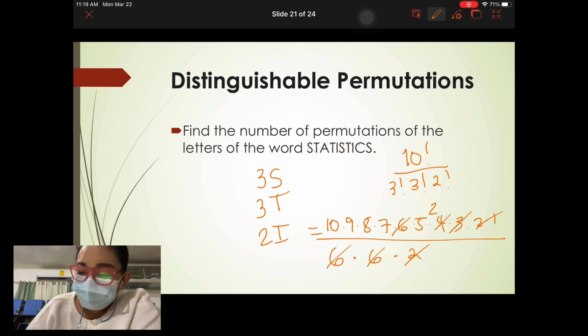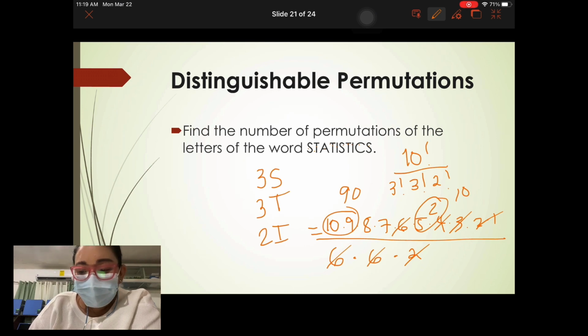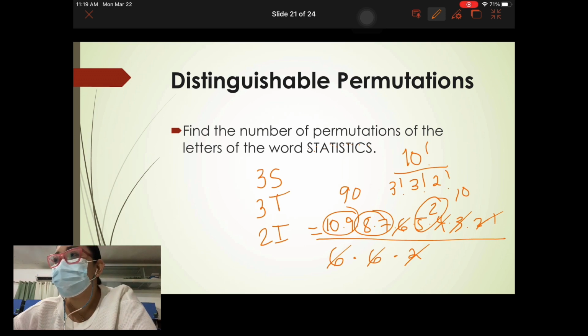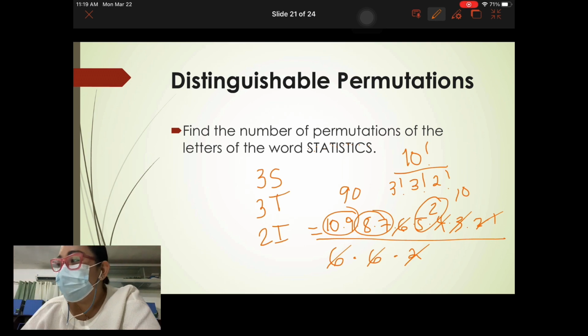Okay? So, what are you left with? You are left with a 10, 9, 8, 7, 5, and 2. So, this is just 10. This is 90. 90 times 10, that's 900. 8 times 7, that's 56. 900. O, diba? Ang dami. 900 times 56.